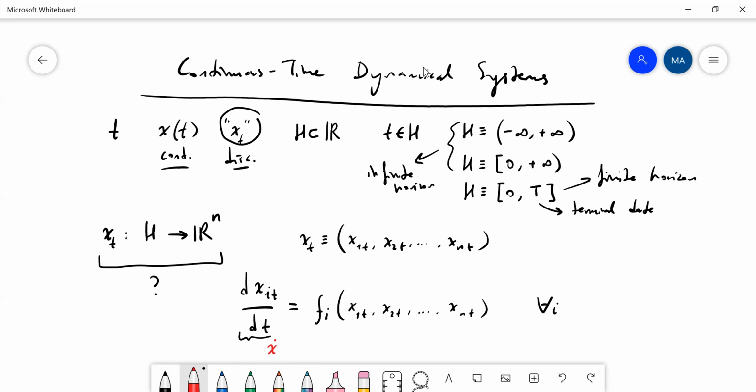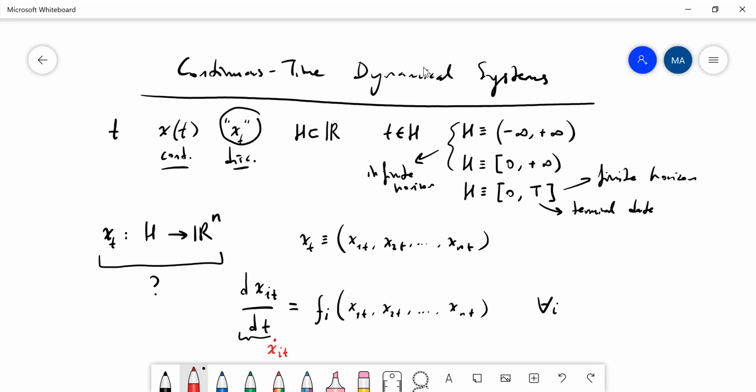We use a dot over the variable. Okay. So what this means is the instantaneous change in variable xi. Okay. Now, this equation tells me that this instantaneous change in variable xi will depend, in general, in a nonlinear way, on all the other variables.